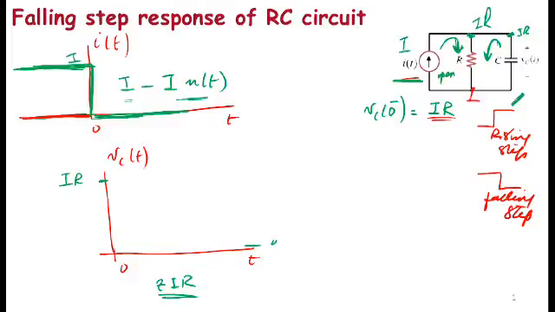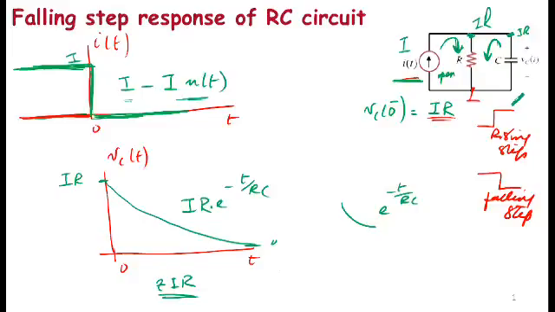So I'm looking for a form that looks like this, the decaying exponential, of the form e to the minus t over RC. The initial value is IR, so I stick IR in here, and there you have it. Intuitively, I've very quickly derived the dynamics of the capacitor voltage.